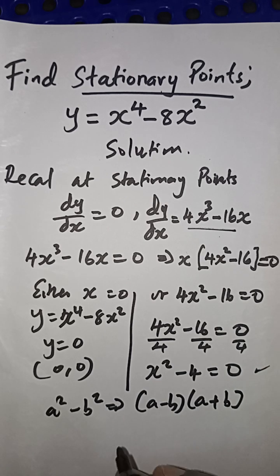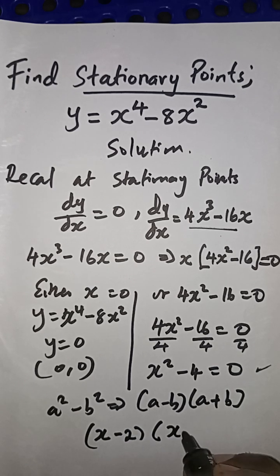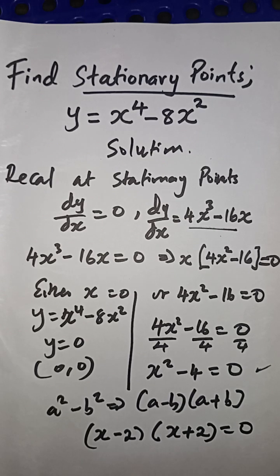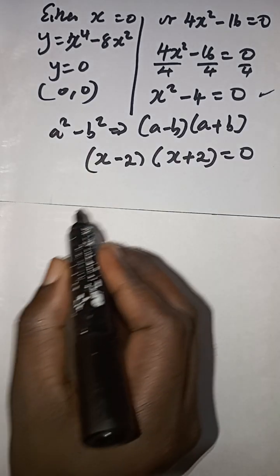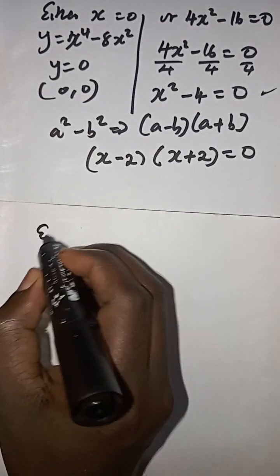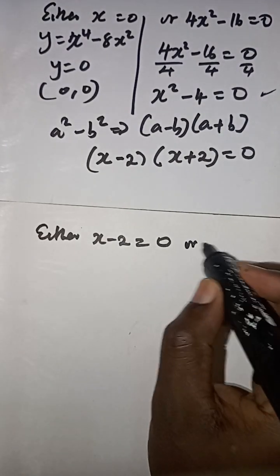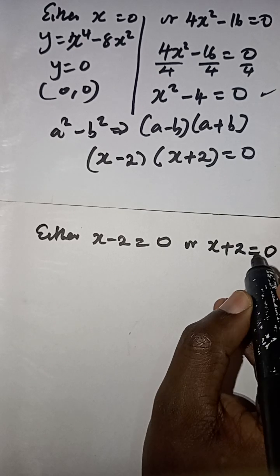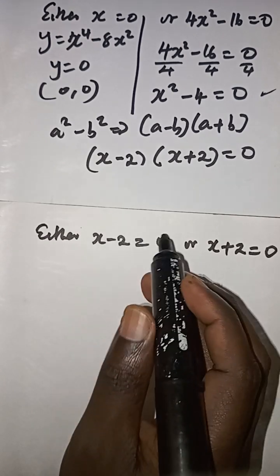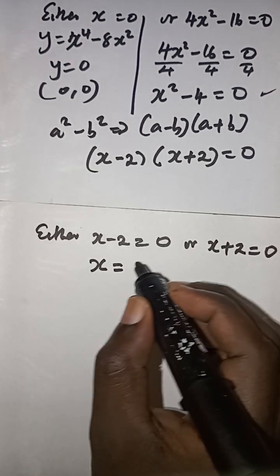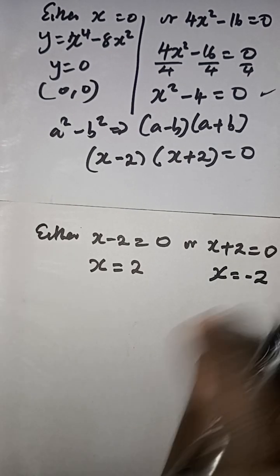So rewriting this, I'm going to have x minus 2 multiplied by x plus 2 equal to 0. So this is also a product of two functions. It is either x minus 2 is equal to 0 or x plus 2 is equal to 0. Taking the negative 2 to the other side, I end up with x equal to positive 2, and on this side x equal to negative 2.